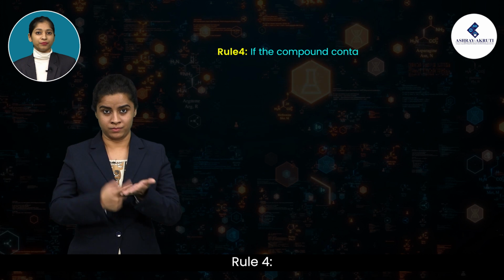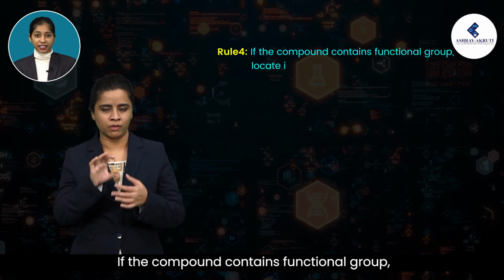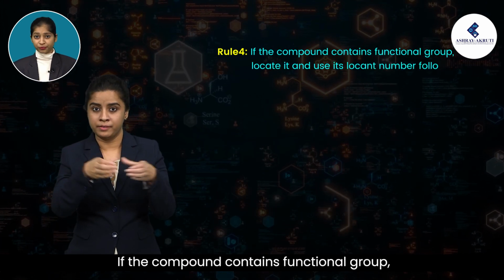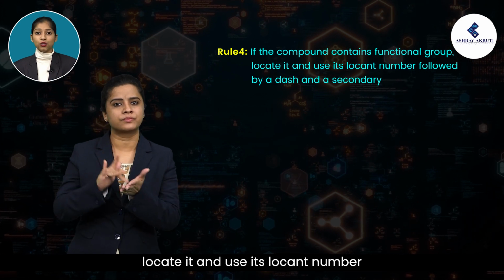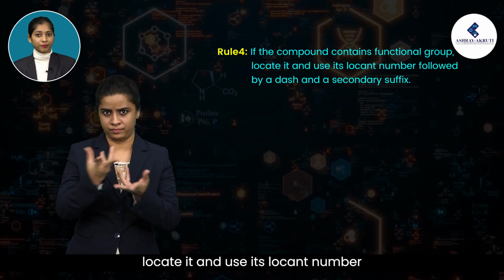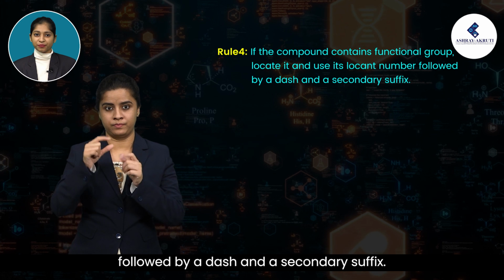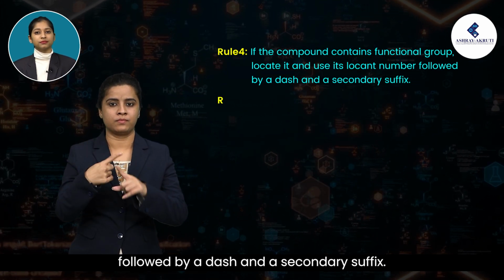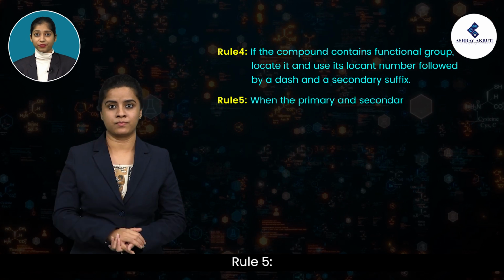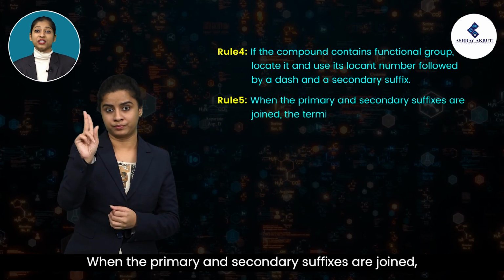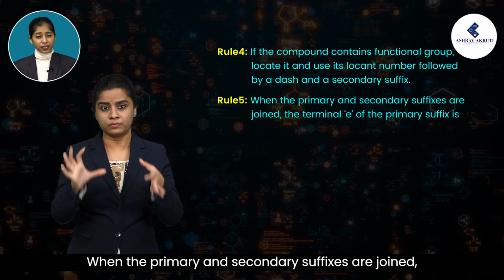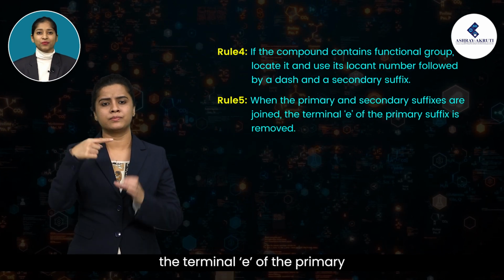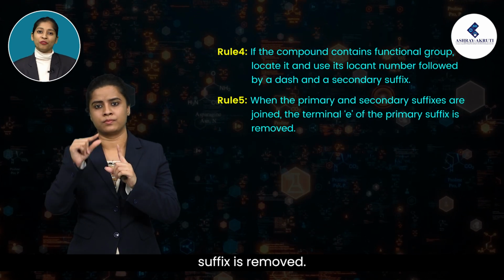Rule 4. If the compound contains functional group, locate it and use its locant number followed by a dash and a secondary suffix. Rule 5. When the primary and secondary suffixes are joined, the terminal E of the primary suffix is removed.